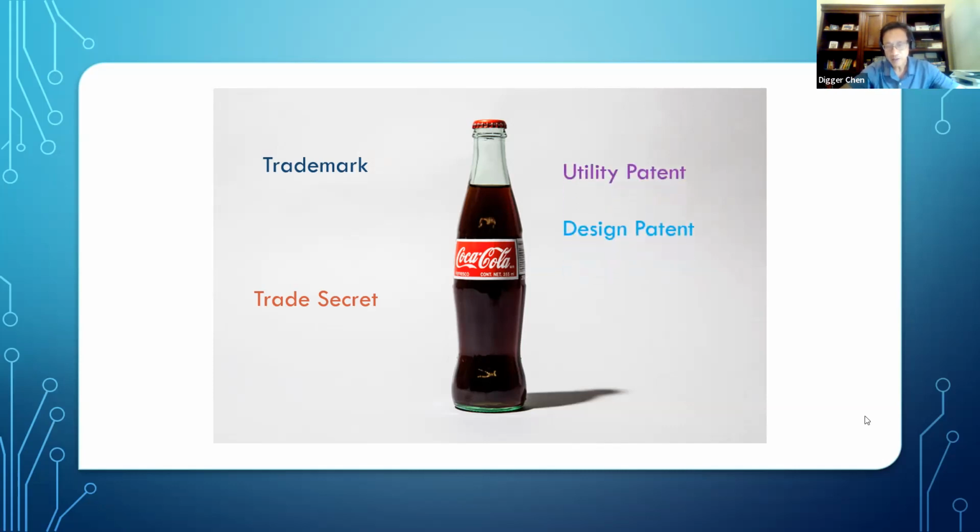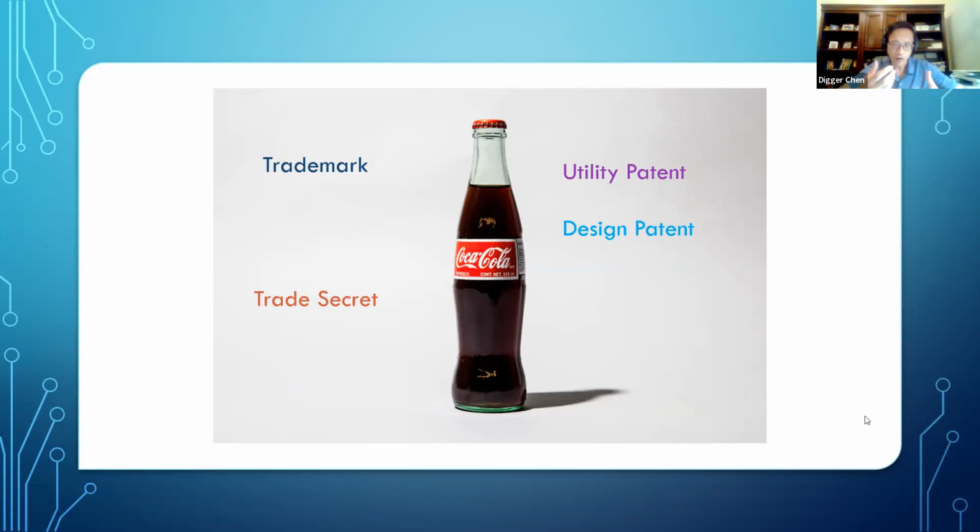We have patents. Right now, people talk about two different kinds of patent. The bottle shape is a design patent. You design this kind of shape, so you protect it, and other people cannot use a similar design. But right now there are a lot of similar designs because the design patent expires.